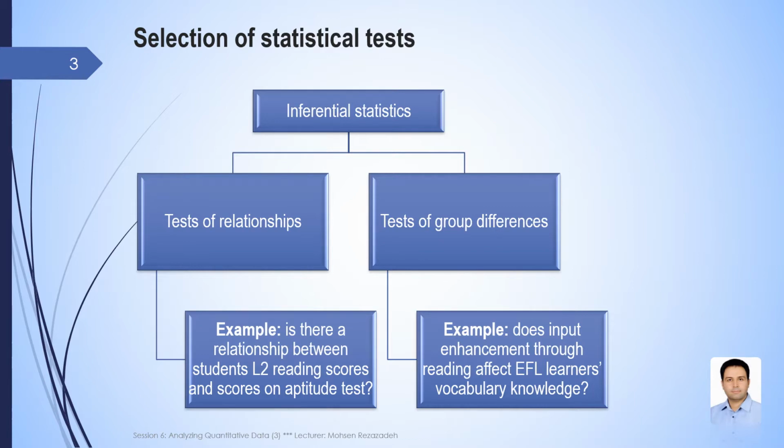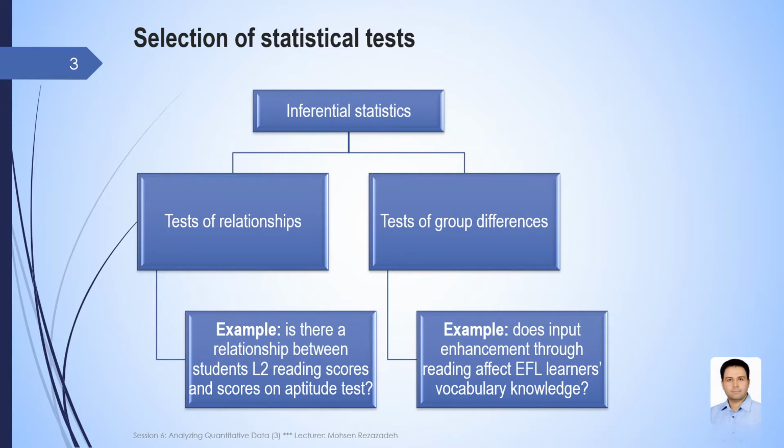Generally, you will need a test of relationship if all of the variables are continuous. For example, is there a relationship between students' second language reading scores and their scores on the aptitude test? This is a test of relationship.